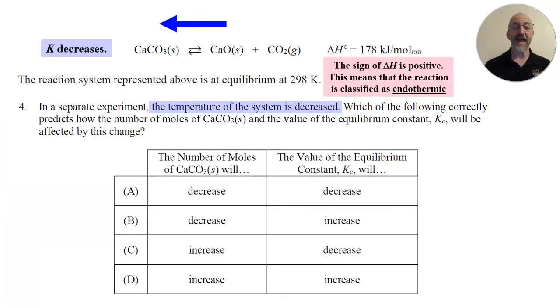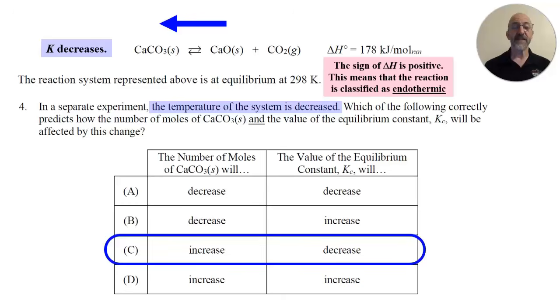I'm showing an arrow indicating a net conversion from products to reactants, so from right to left. I'm indicating that the value of K will decrease. So the correct answer, based on the value of K decreasing, is either choice A or choice C. But considering that a shift from right to left will cause the number of moles of calcium carbonate to increase, that means that the correct answer to question 4 is choice C.